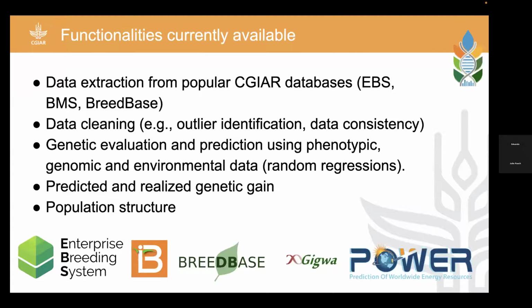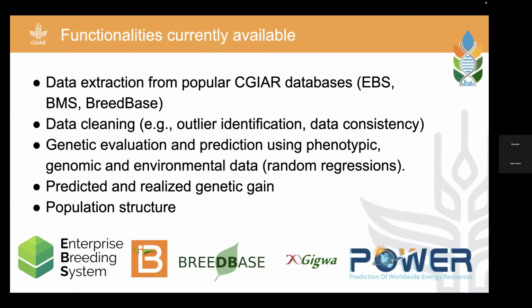The core business that has been prioritized is breeding, or breeding analytics. So the current functionalities have been focused on these initial modules: extracting data from the popular databases, and cleaning that data, which, as Sharifa was highlighting, is very, very important.